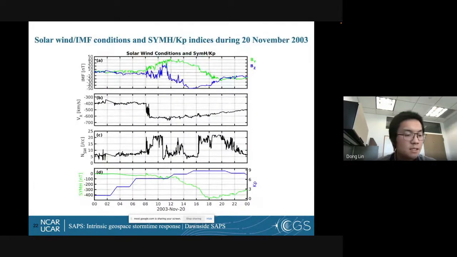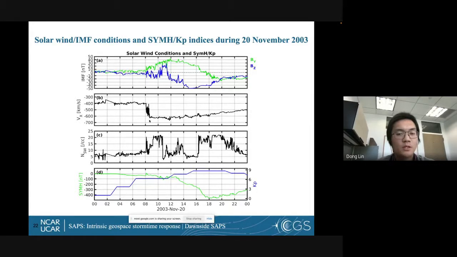So this is just a brief overview of the solar wind conditions during this day. This is also a very famous superstorm. As you can see, the Dst minimum reached almost -500 nanotesla. And this is just one solar cycle after the well-known Halloween storm.